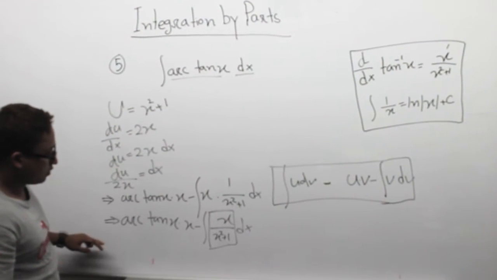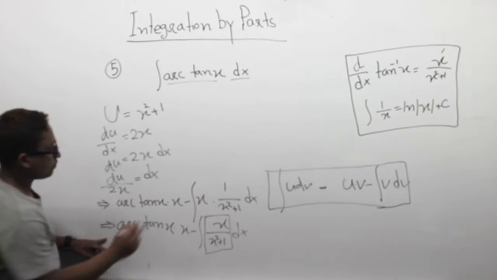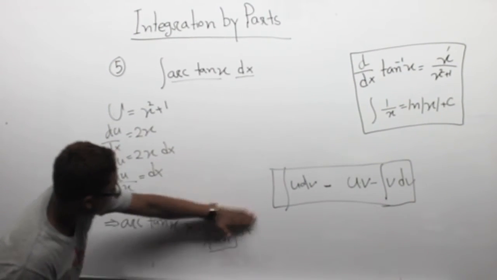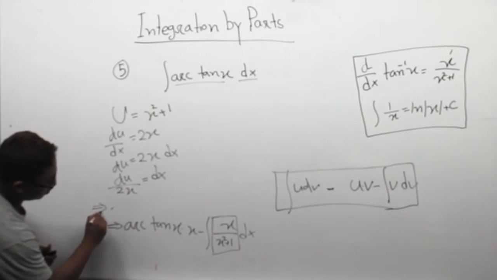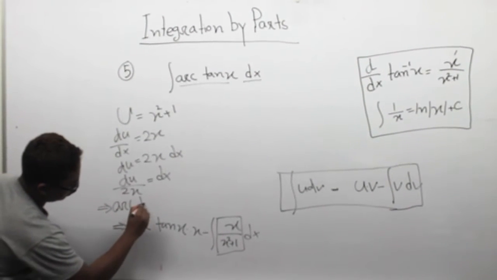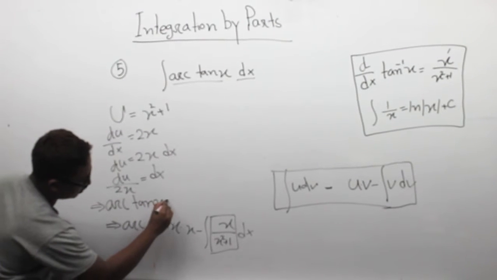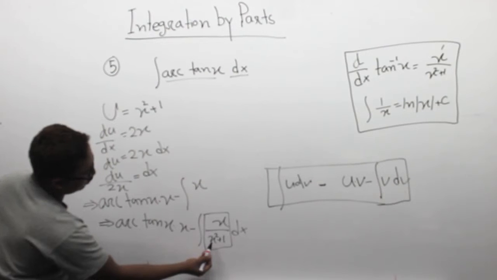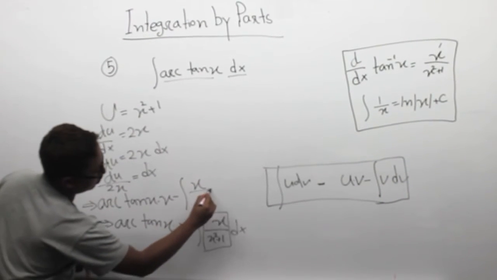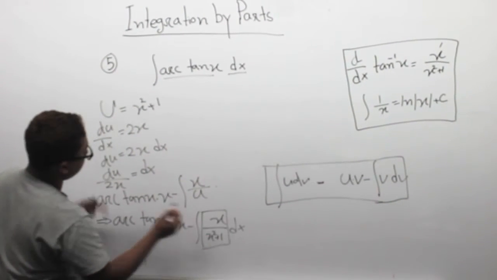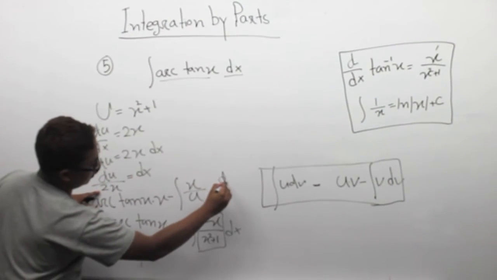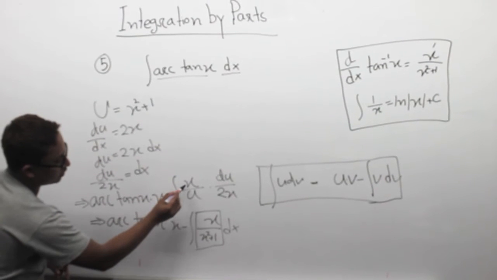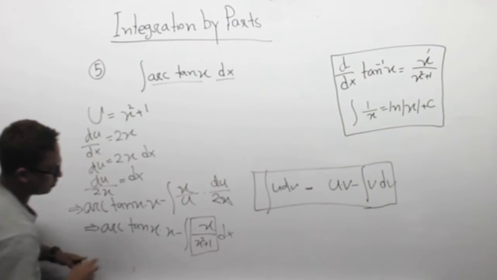Okay, so if I start now, I'm going to be erasing this part. This one will be arc tangent x minus integration of x, then x square plus 1 is our u, and dx is our du over 2x. Here you can see x can be cancelled out.